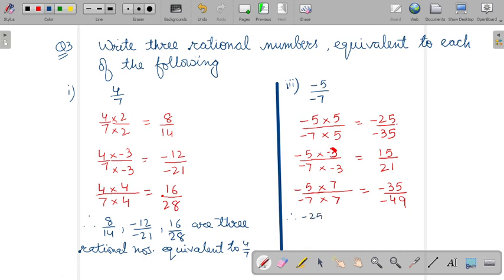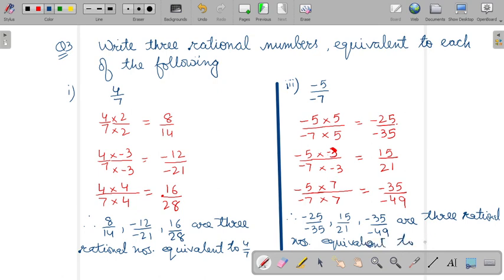So therefore minus 25 upon minus 35, 15 upon 21 and minus 35 upon minus 49 are three rational numbers equivalent to minus 5 upon minus 7.